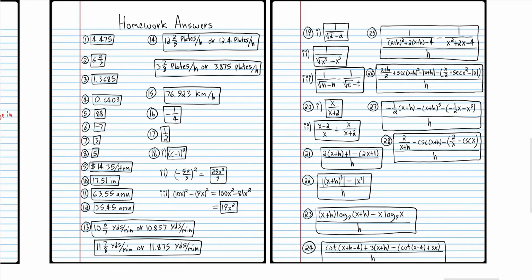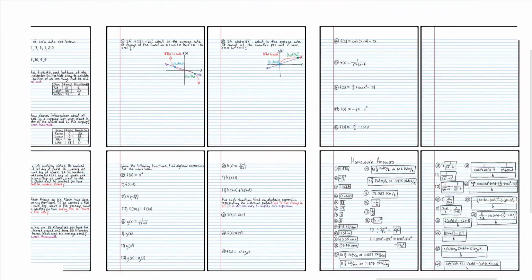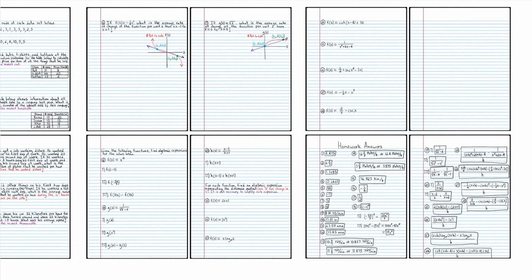Remember, it's not enough to just attempt the homework. You must do it correctly. So get a screenshot of those answers. Do that homework completely, correctly, neatly, and keep it in order in your binder, and I'll look forward to seeing you in the next class.